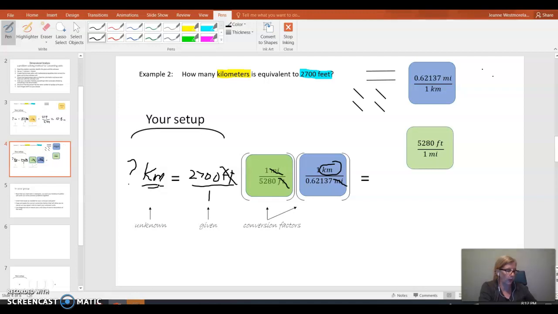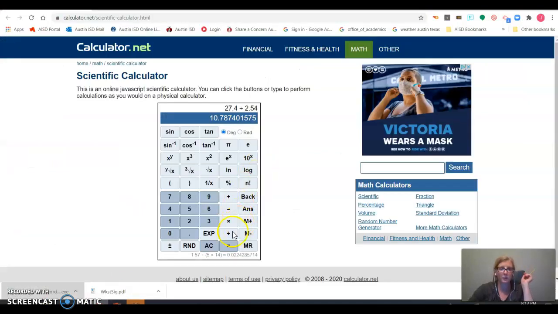So there's a couple different ways you can do this. You want to make sure that your calculator understands that it is dividing by both of those numbers. So going over to the calculator, clearing out what we have, we had 2,700 in our numerator, and we want to divide by 5,280.